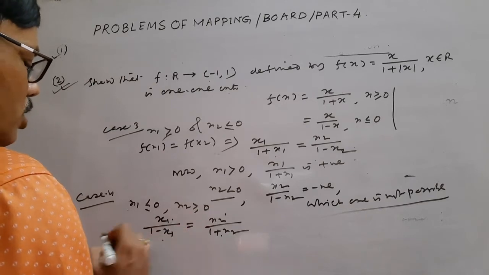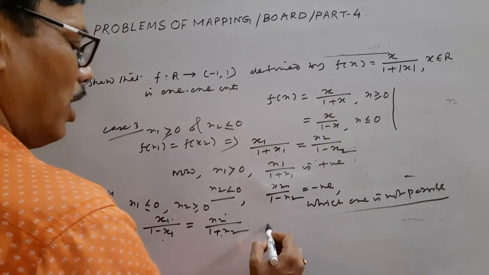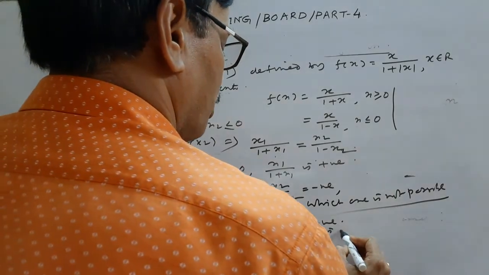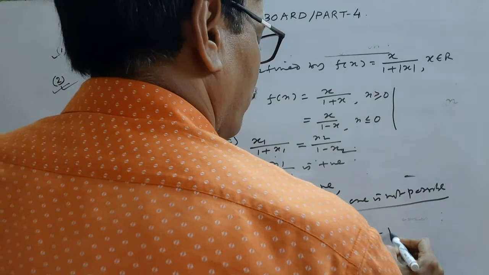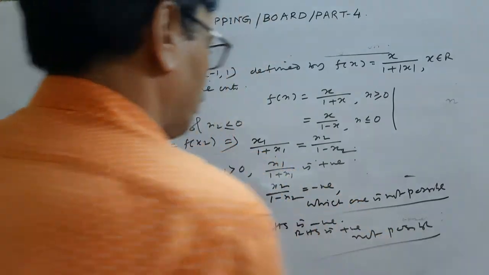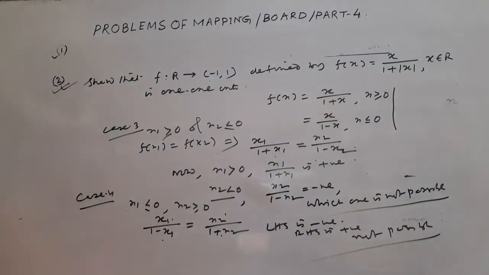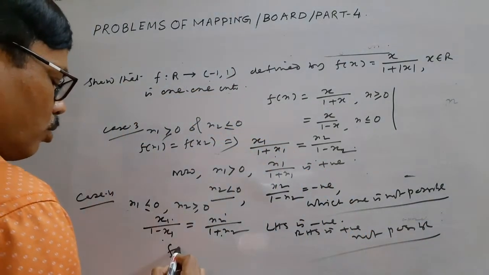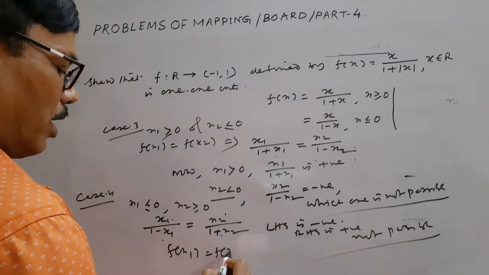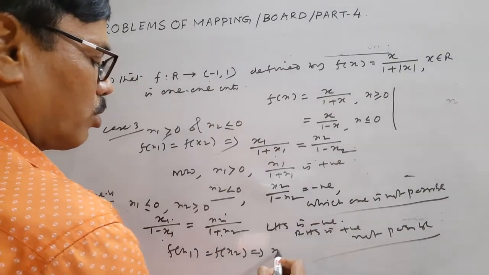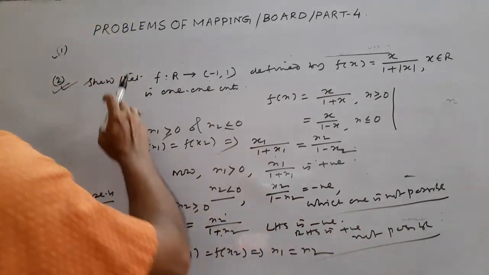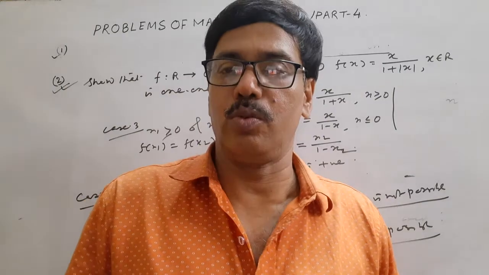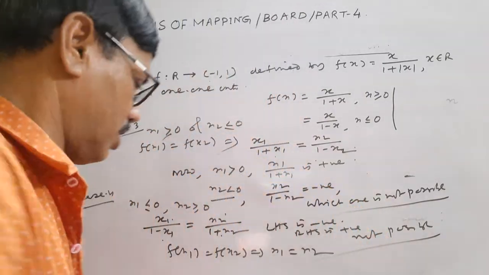So LHS is negative and RHS is positive, so not possible. So we are getting f(x1) equals f(x2) implies x1 equals x2 in case 1 and case 2. In case 3 and case 4, equality is not possible, so we discard these cases.